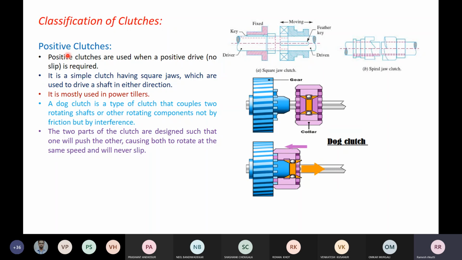Similarly, positive clutches are used when a positive drive is required, and an example is the dog clutch, which you are seeing.